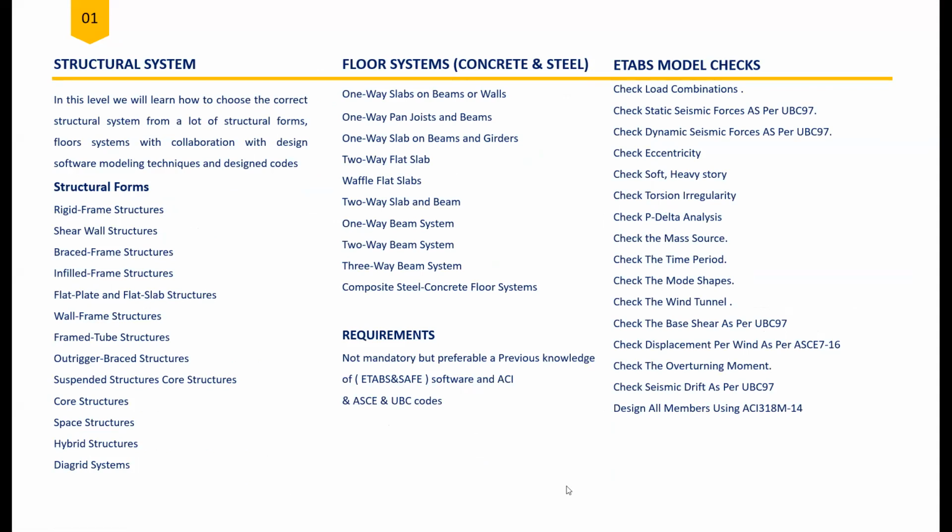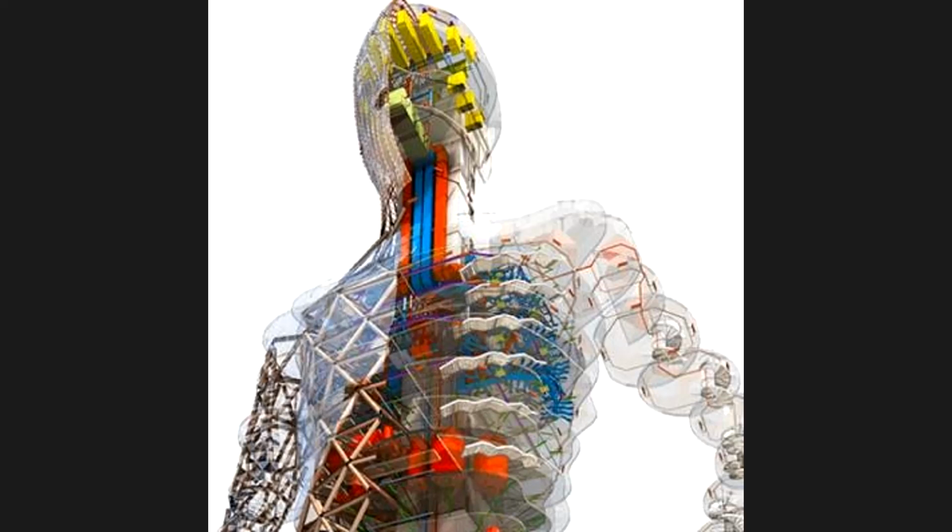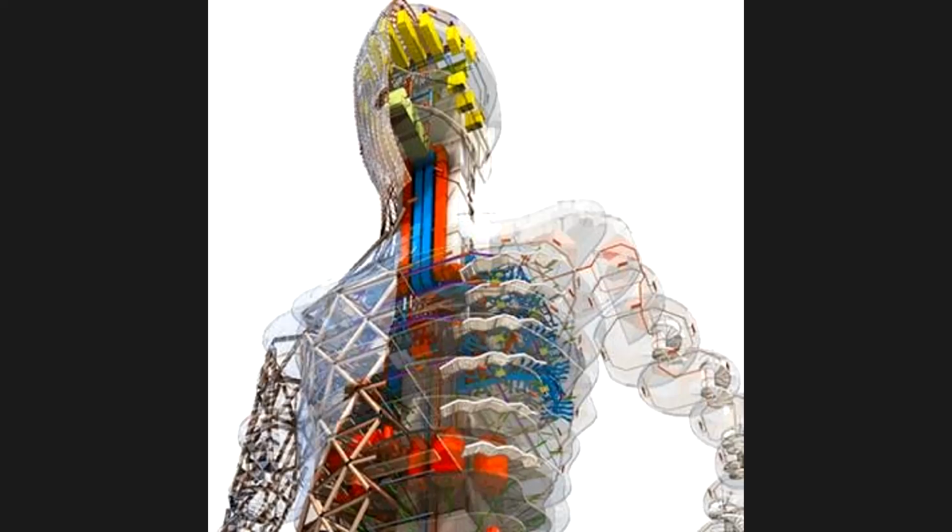This is high rise and tall structure, which is also an integral part of the training. Let's take an example of what type of project we can take in high rise and tall structure.